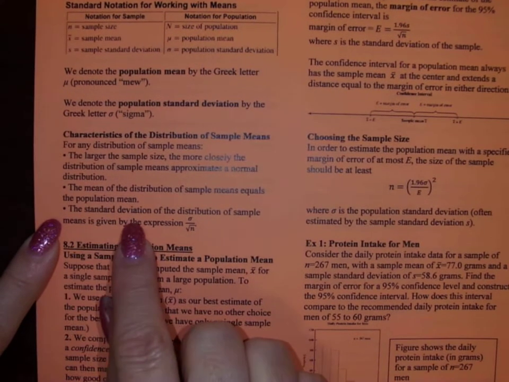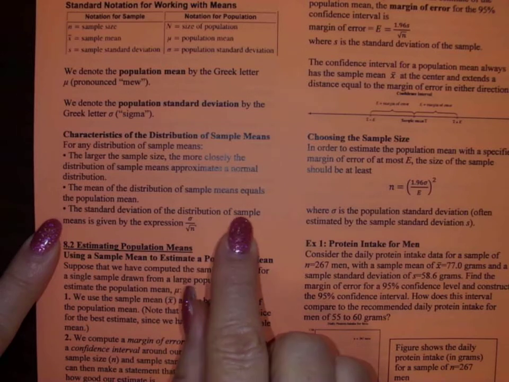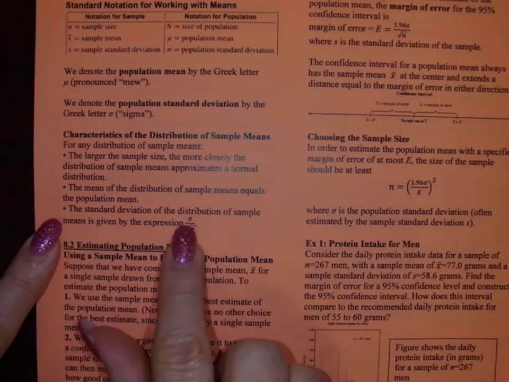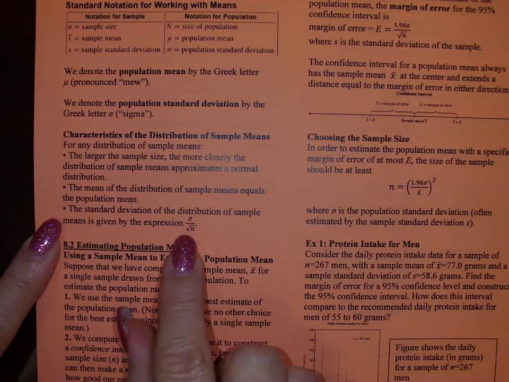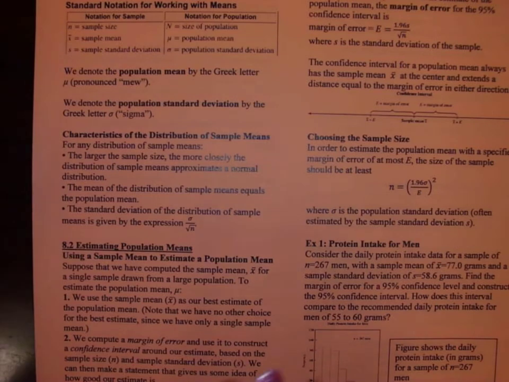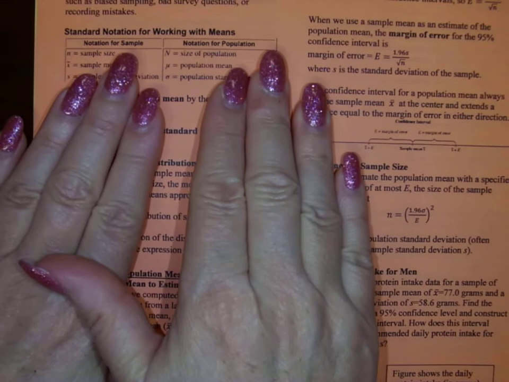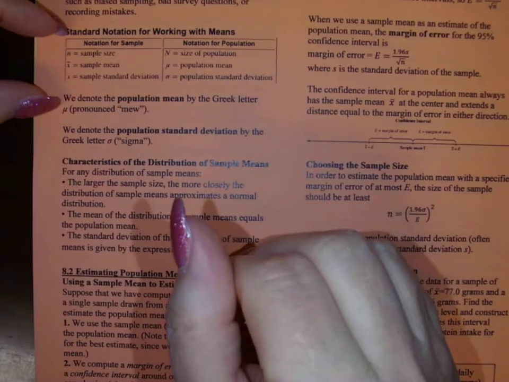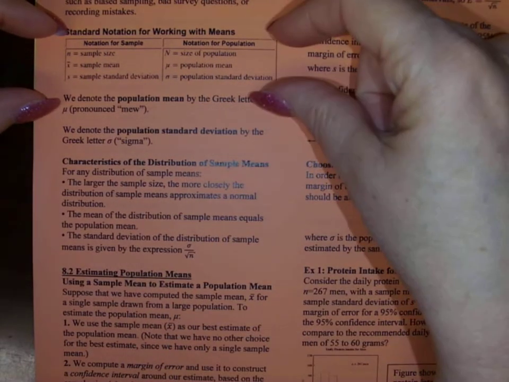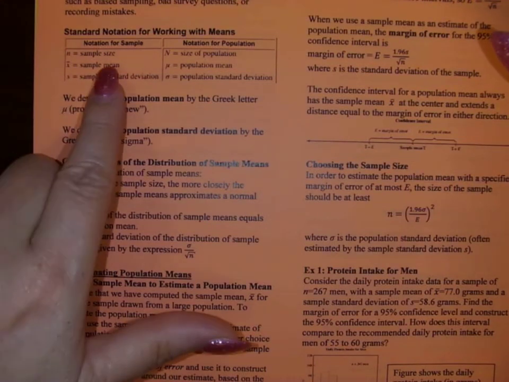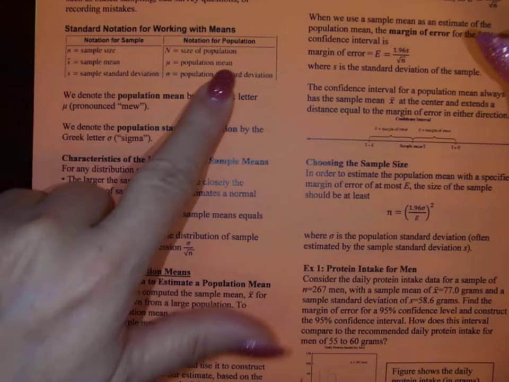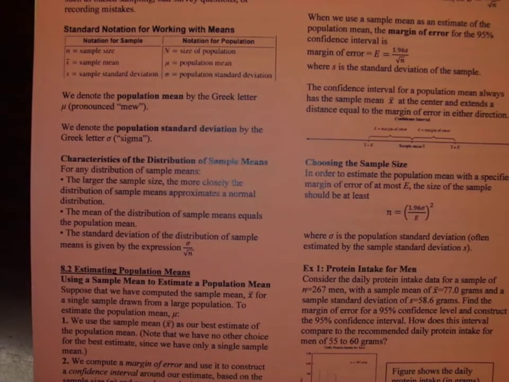The standard deviation of the distribution of sample means is given by the expression sigma divided by the square root of n. So we're just talking about some of the differences between what happens in a sample and what happens in a population, like what you use for the sample versus the population, and some of the issues that might come into play when we take our sample and apply it to a population, like the error.